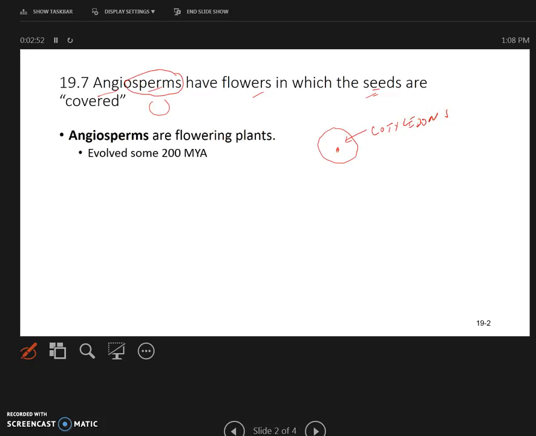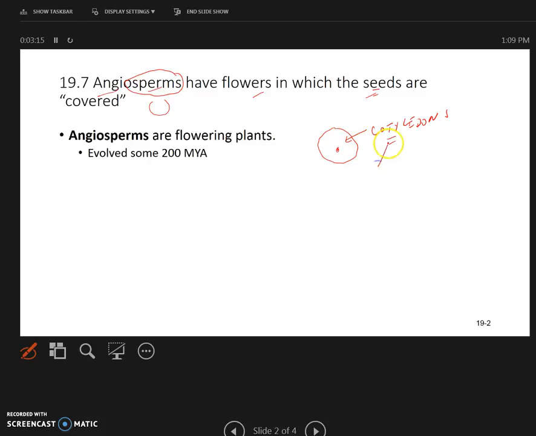The cotyledons, these are seed leaves. And these seed leaves are the ones that are going to be the first leaves when the plant germinates. All right. So here these are the ones that carry nutrients, and these are going to nourish the embryo as the plant germinates, as the sporophyte germinates.